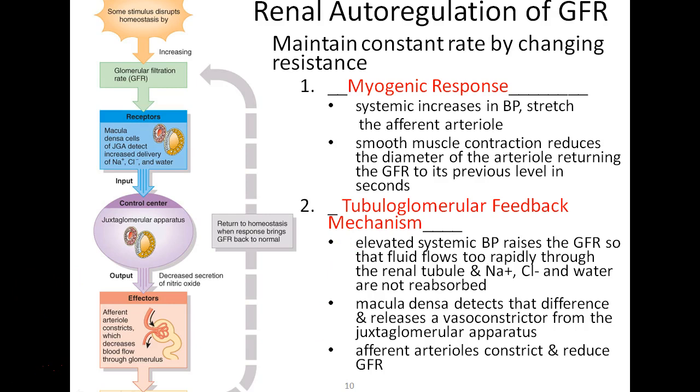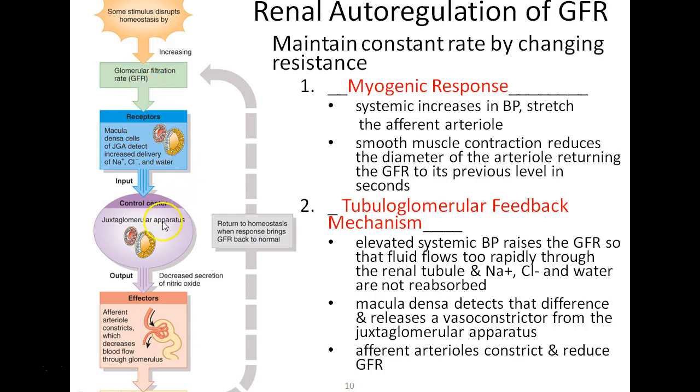And here we take a closer look at that renal autoregulation of GFR. The diagram on the left is showing homeostasis. In other words, a homeostatic imbalance is on the upper left. We see that receptors detect this change in GFR.